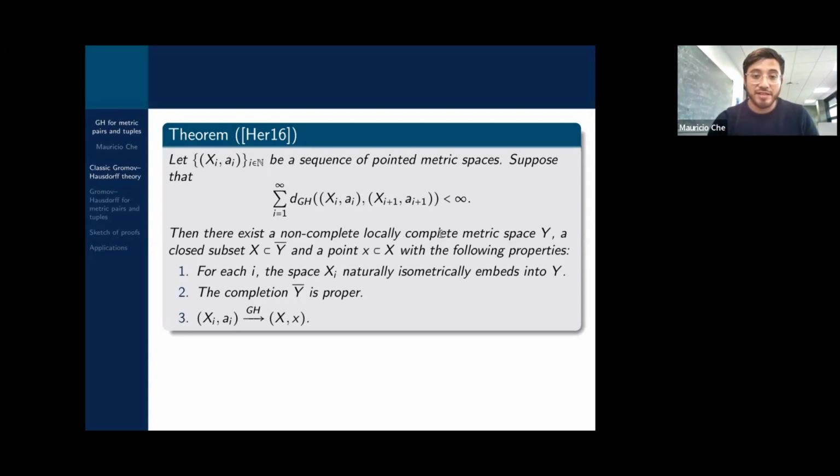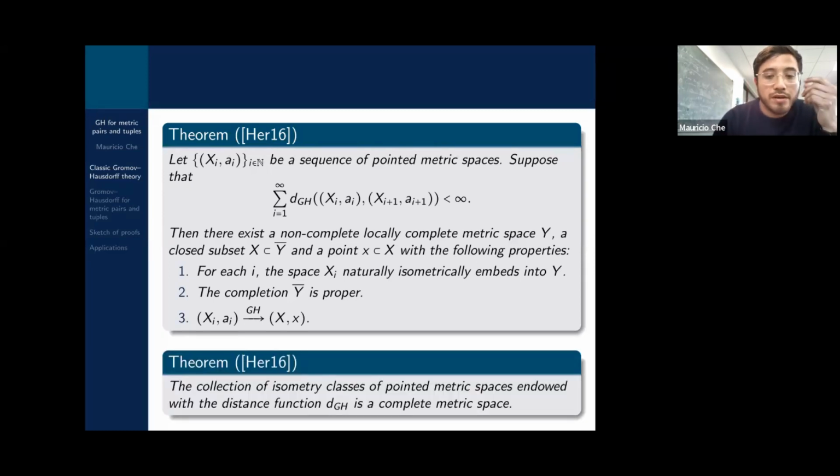That's what we have in this theorem here. We can find some locally complete metric space and some subset of the completion and a point in that subset, such that each element of the sequence isometrically embeds here. The completion is a proper space, and we have convergence. We sometimes call this result the embedding theorem.